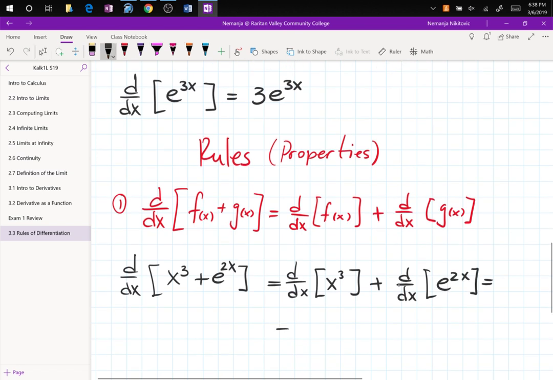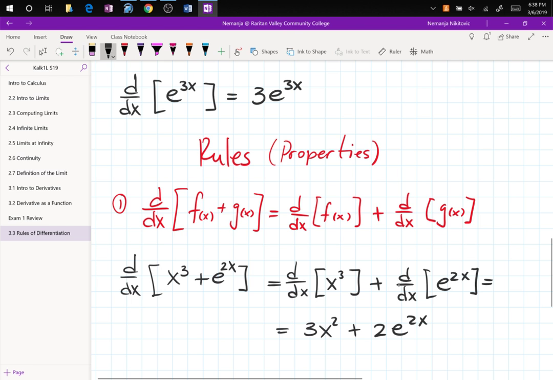And that will be 3x squared plus 2e to the 2x. This rule says that you are allowed to differentiate each term individually. You are not allowed to do this for multiplication, but for addition and subtraction you can.